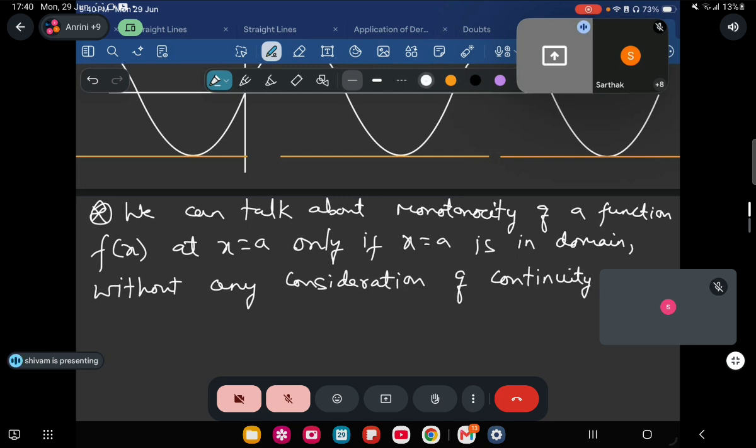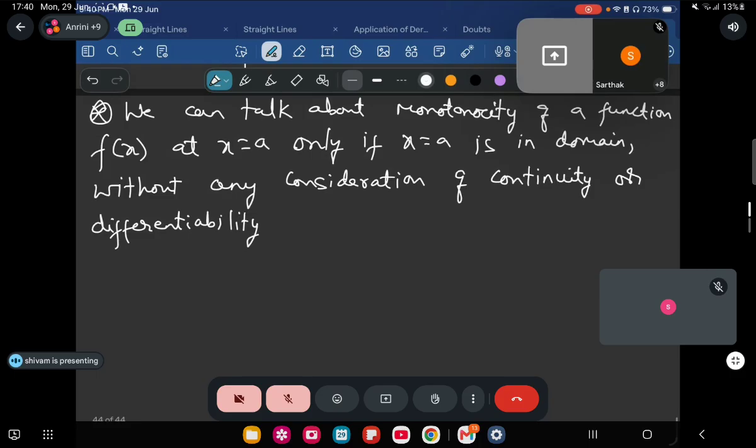Okay. Continuity or differentiability. See, I show you some graphs. You will understand.